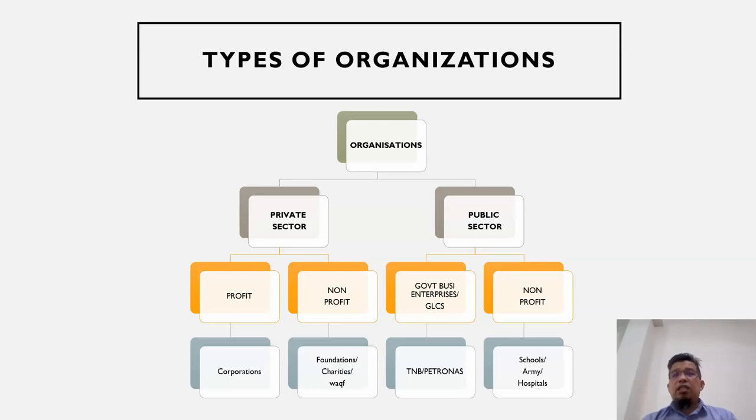Of course, there are certain restrictions; they're not as flexible as a private company, but in any case, they follow the accounting system of a company structure. Whereas for government organizations, their structure is not a company, although some of them are companies, but there are statutory bodies and departments, so we'll discuss that more in the future.